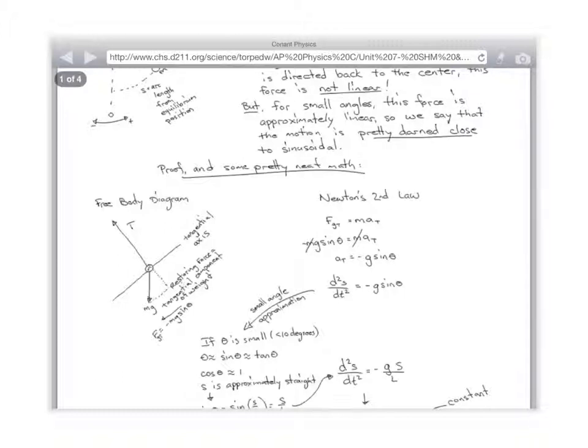What I want to know is the equation for angle theta as a function of time. Do you see a problem here? You don't have time. I want to solve for theta as a function of time, but you don't have time.